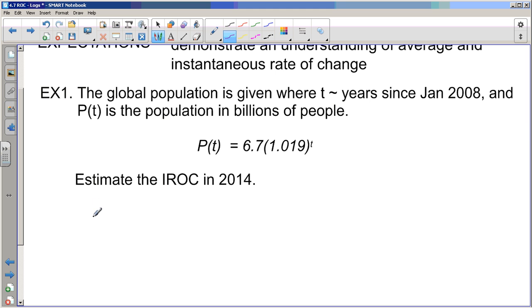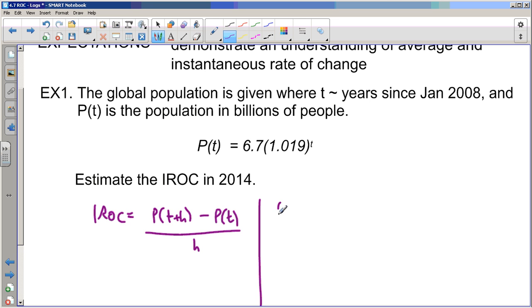So remember, the instantaneous rate of change is just P of T plus H, or A plus H, depending on what kind of formula you want, minus P of T over the H. And here T is the number of years since 2008, so 2014 minus 2008, that's 6 years. So our T value is 6 years.